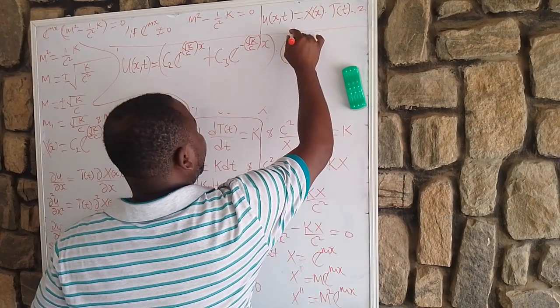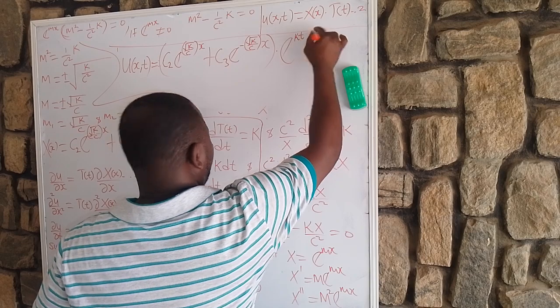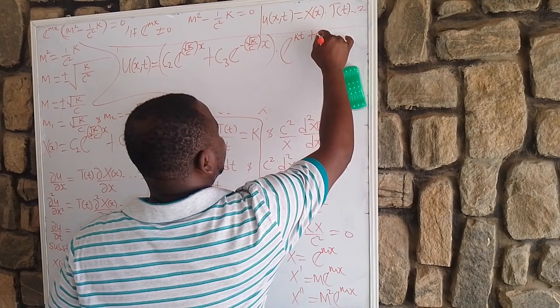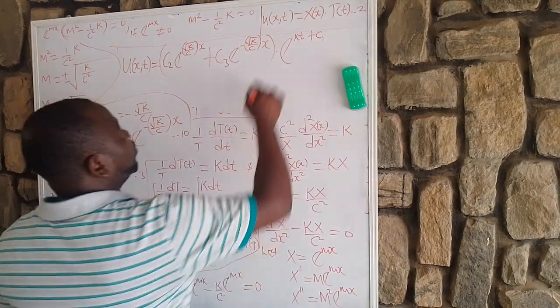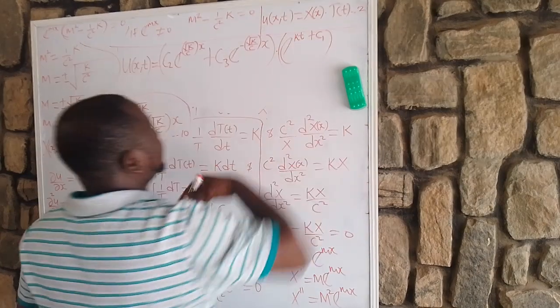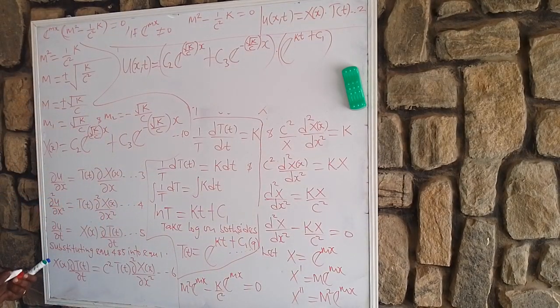Exponential kt plus c1. Yeah, so this is your final answer, and this is what they want from you.